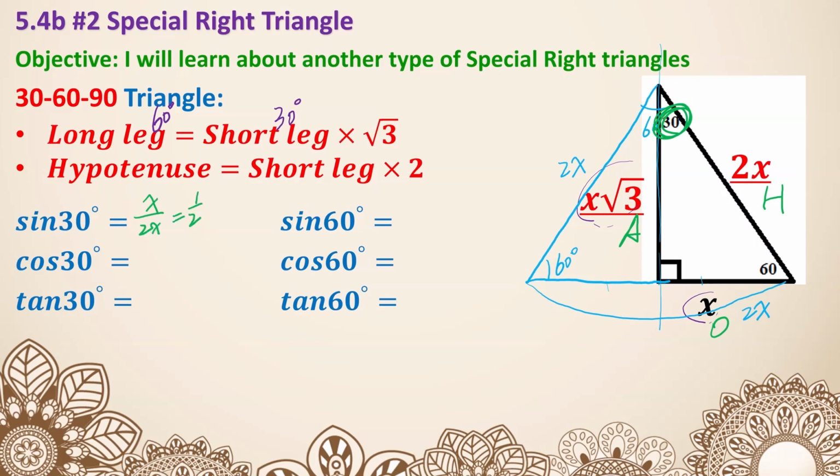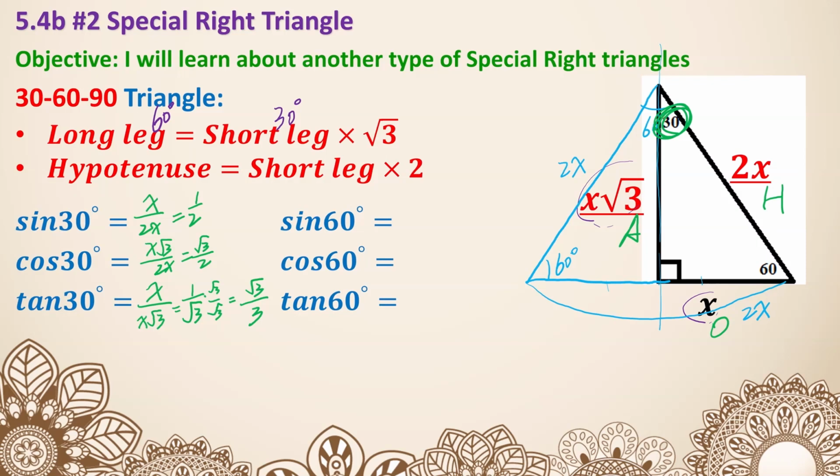And then cosine will be x times square root of 3 over 2x, that is square root of 3 over 2. Tangent is going to be x over x times square root of 3, so that would be 1 over square root of 3. Multiply the top and the bottom by square root of 3, it simplifies to square root of 3 over 3.